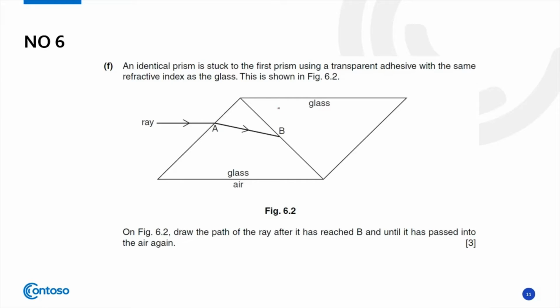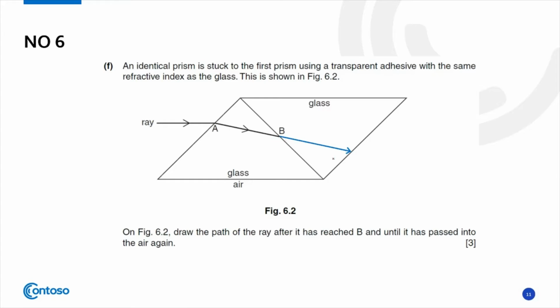On the boundary between the two glass prisms, nothing happens since the two mediums have the same refractive index. The ray of light will pass through this boundary as a straight line. So, we will get this line. This line is just the extension of AB.